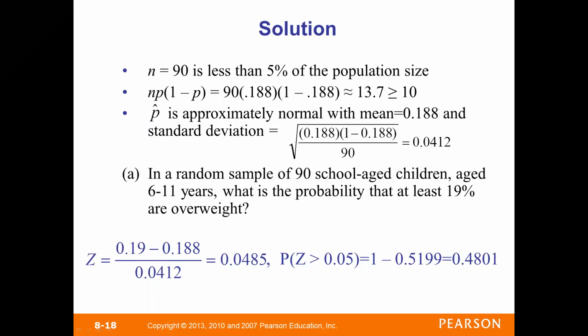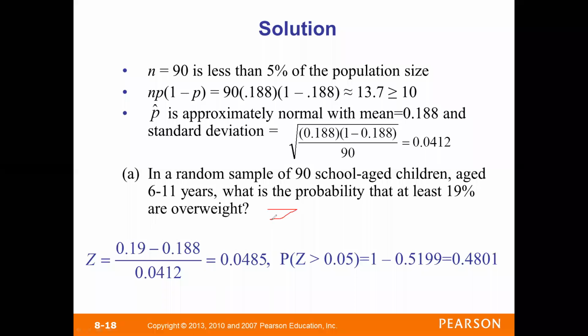So we end up with z equals p hat minus p over sigma sub p.